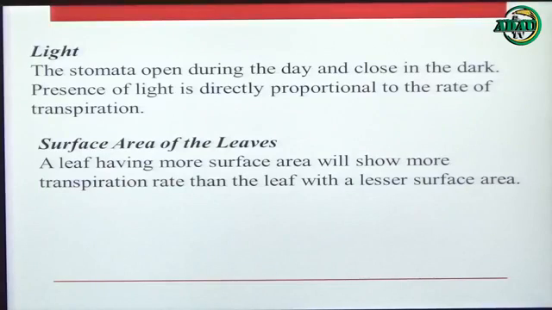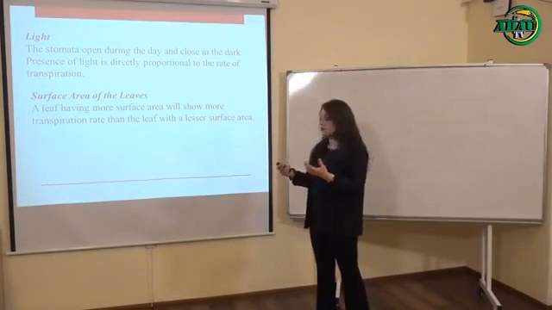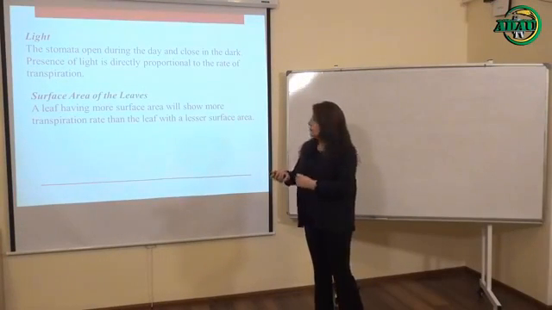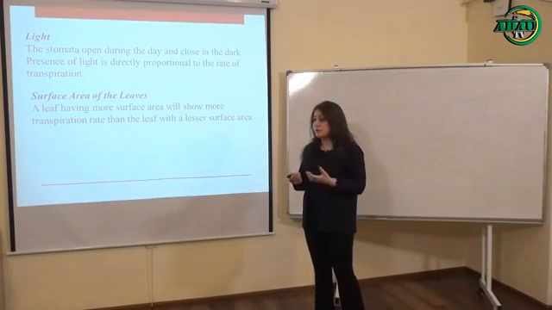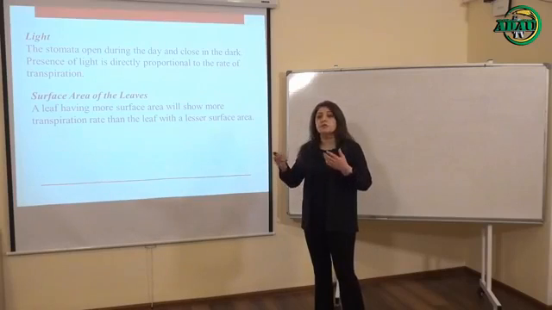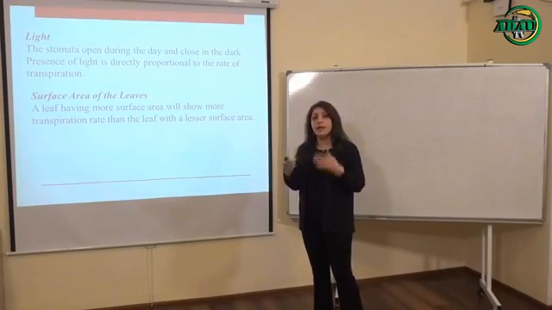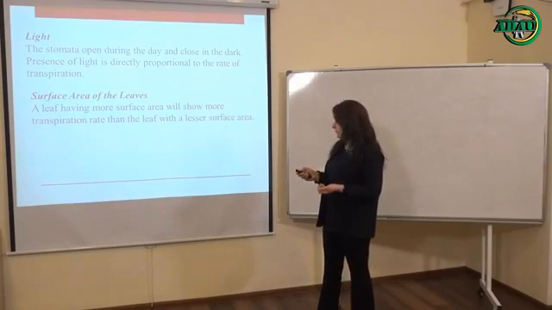And surface area of the leaves. A leaf having more surface area will show a higher transpiration rate than a leaf with a lesser surface area, because such leaves have numerous stomata, and they are open at daytime and they transpire water.